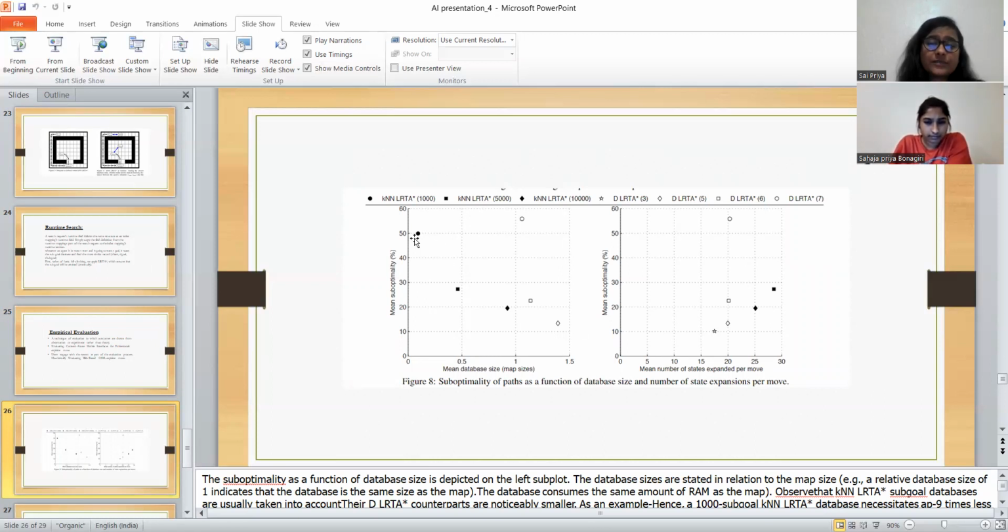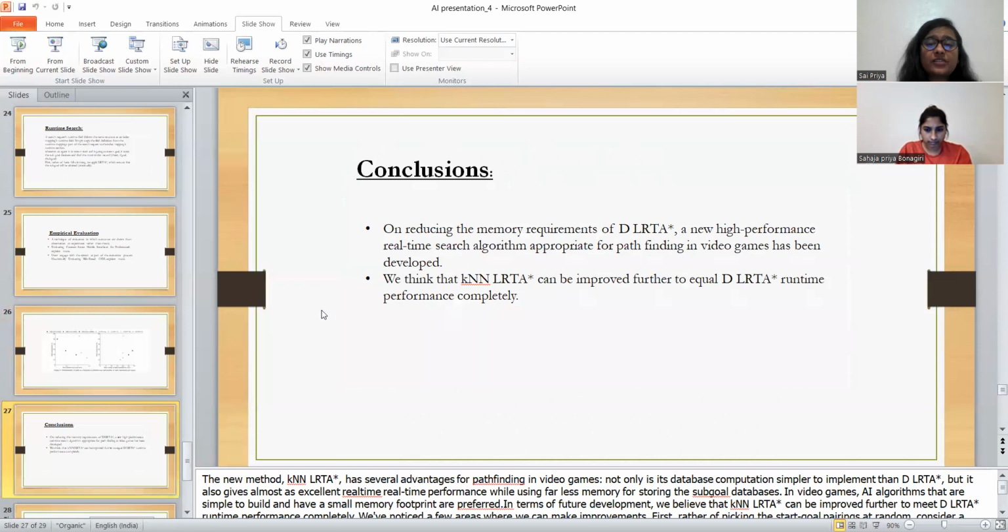These are the different types of algorithms we have to do this, and this is the KNLRTA and KNLRTA number of iterations based on these algorithms, and database sizes is started ration map page, and database consumes the RAM and the map.